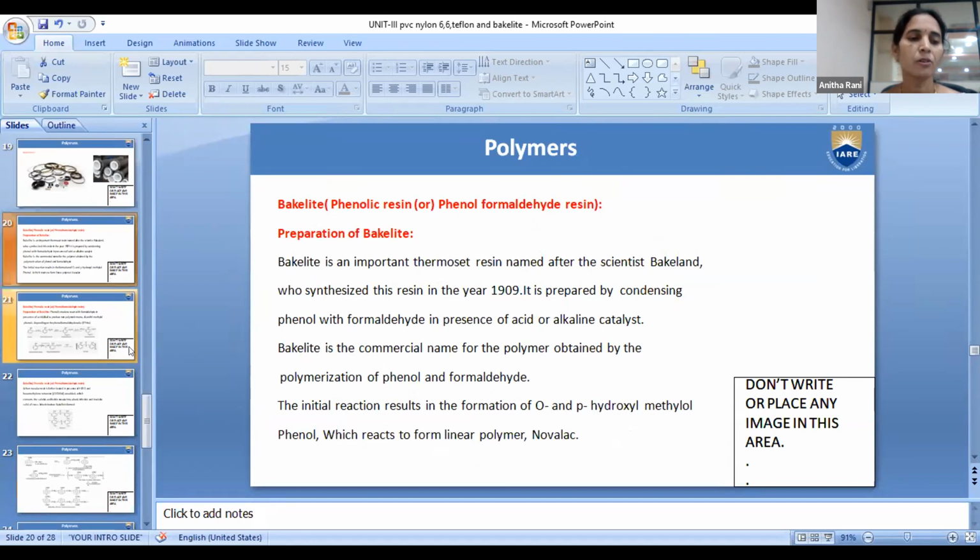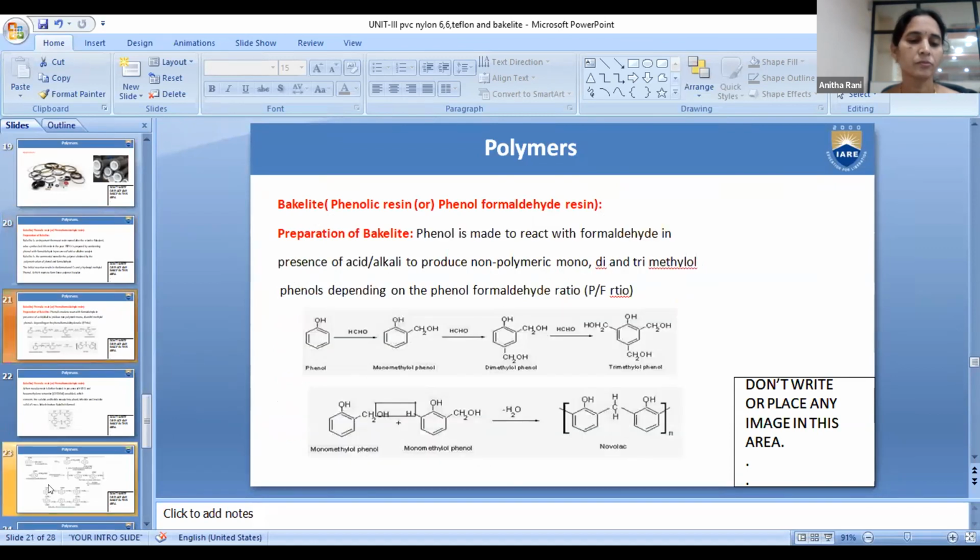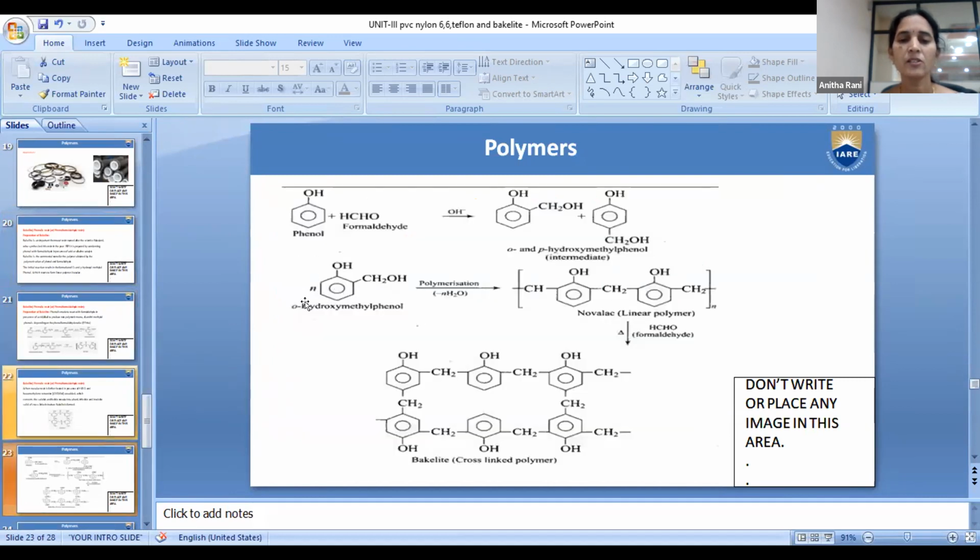Now the second step. In step 1, we get ortho and para hydroxymethylol phenol. We take n number of ortho hydroxymethylol phenol and go for the polymerization process.